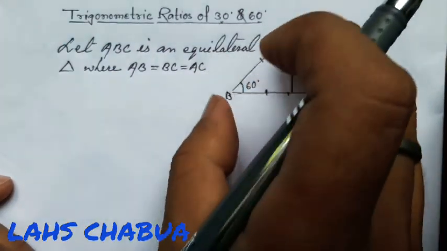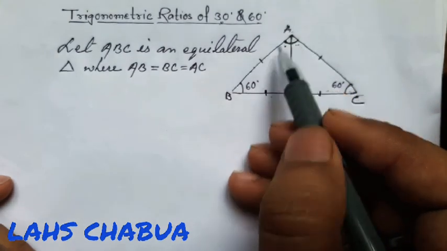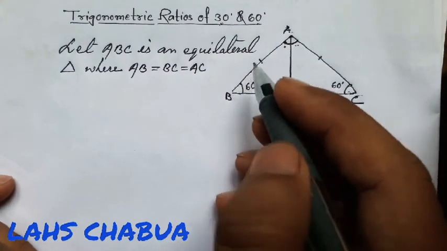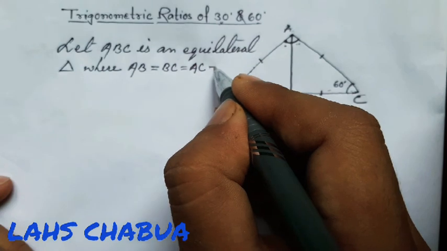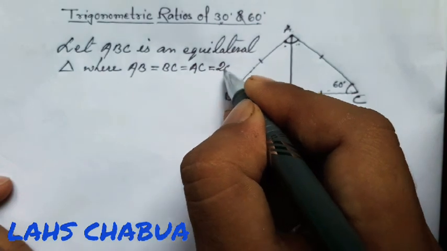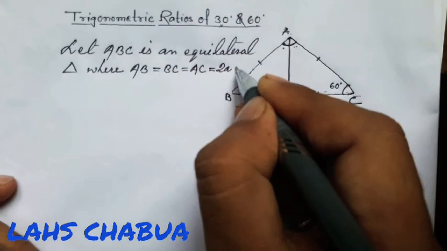And what is the length of AB? The actual length of AB is unknown to us, so we are assuming it as 2A unit.